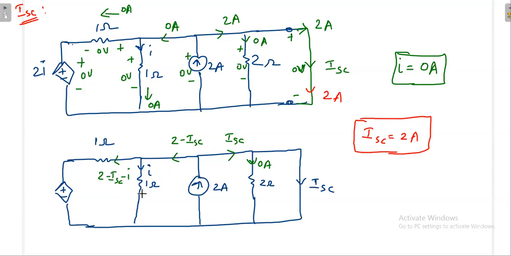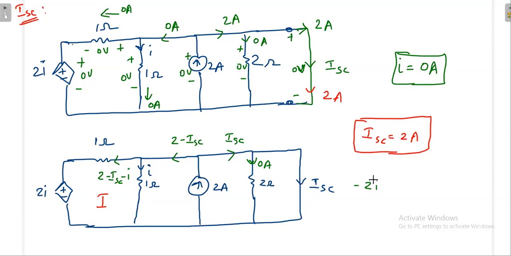Now you apply the KVL in any one of the loops. I will apply the KVL in the first loop. Let us see what happens. First, what is the source? The source is 2i. Always go in the clockwise direction.